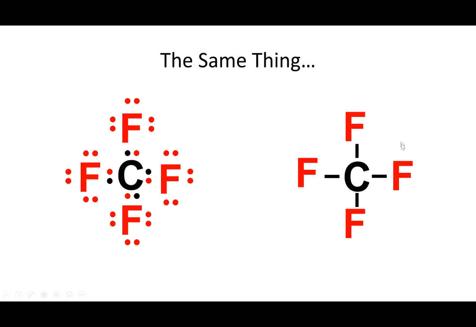Again, this is a stable molecule because everybody's outer shells are satisfied. See? 2, 4, 6, 8. Same thing. I can do the same thing by counting the dashes over here. This dash equals 2 electrons. 2, 4, 6, 8. This is a stable molecule. One dash equals 2 electrons.